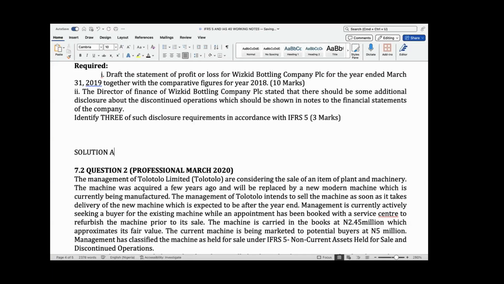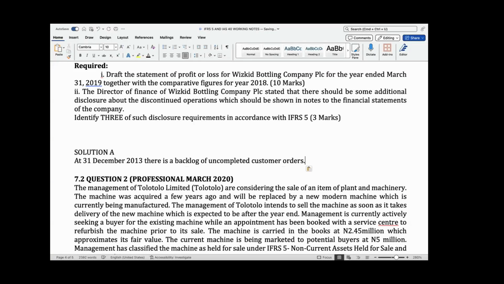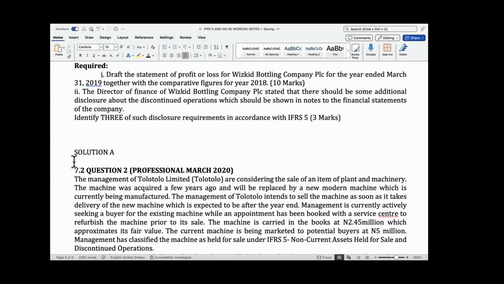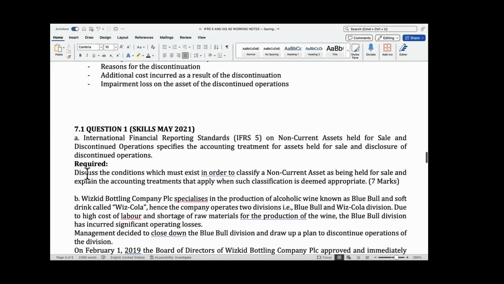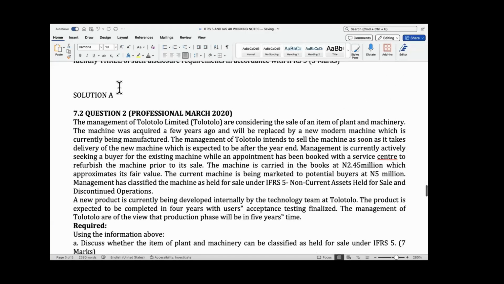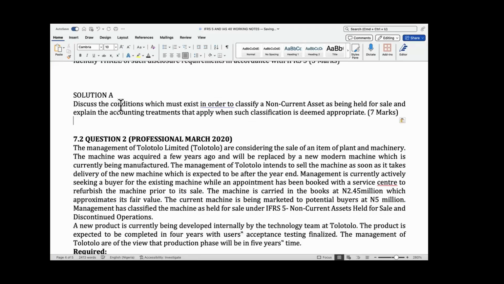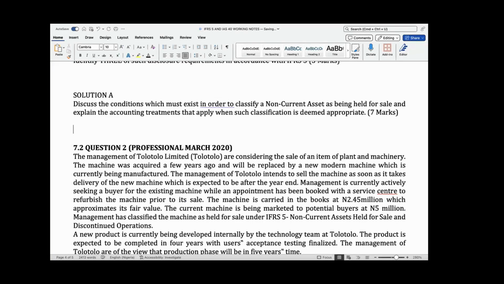So, solution A. The question says discuss the condition which must exist to classify an asset as held for sale, a non-current asset as held for sale.